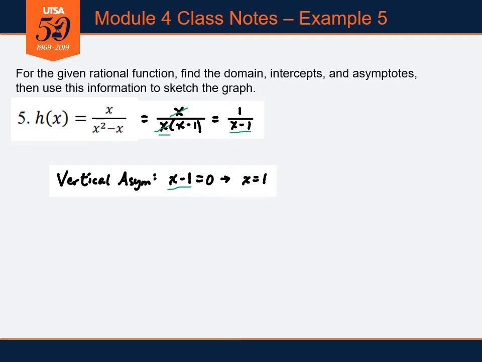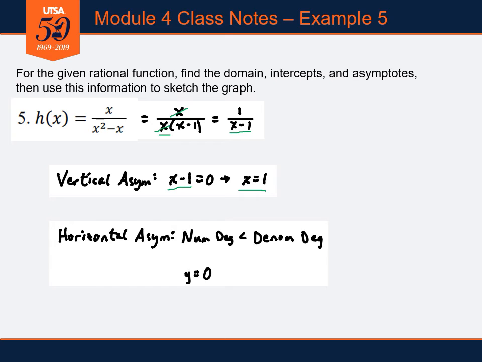The x that reduced does affect the graph, but not as a vertical asymptote. We'll take a look at that on the next slide. For now, we've got a vertical asymptote at x equals 1, and that is our only vertical asymptote. For the horizontal asymptote, we recognize the degree of the numerator is smaller than the degree of the denominator. So we once again have y equals 0 as our horizontal asymptote.